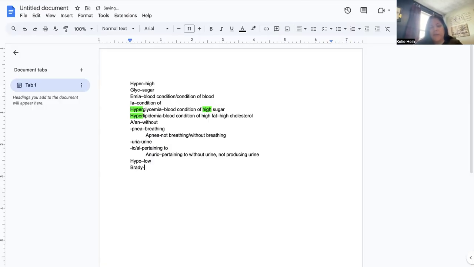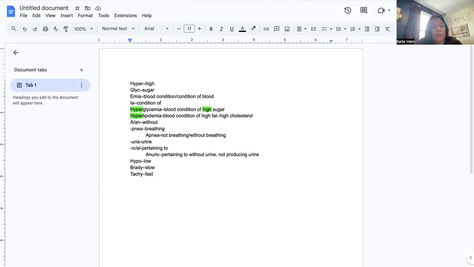Brady is going to be slow, okay? So Brady is slow. Bradycardia, we'll go back to that in a little bit. Tachy is going to be fast. So tachycardia, we'll go back to that in a little bit. We're going to do root words for body systems here in a minute, but I want to get through these prefixes, okay? It's important that you're understanding these because you can put these prefixes with anything, right?